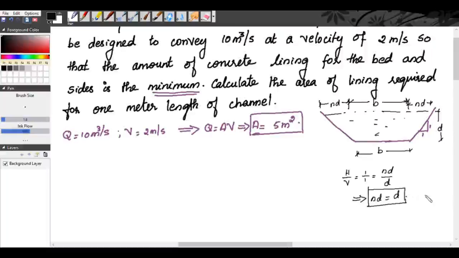That means our n is equal to 1. n is nothing but horizontal by vertical, right? So n is equal to 1. Now, bottom width is b.